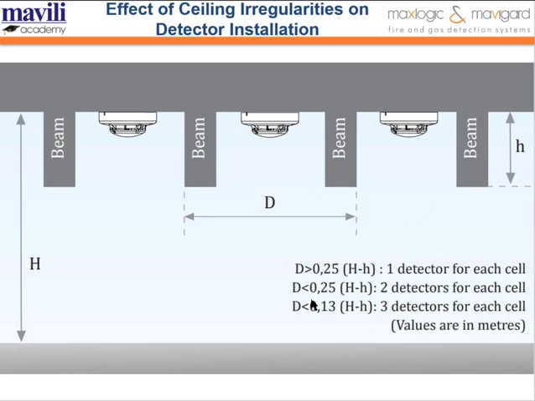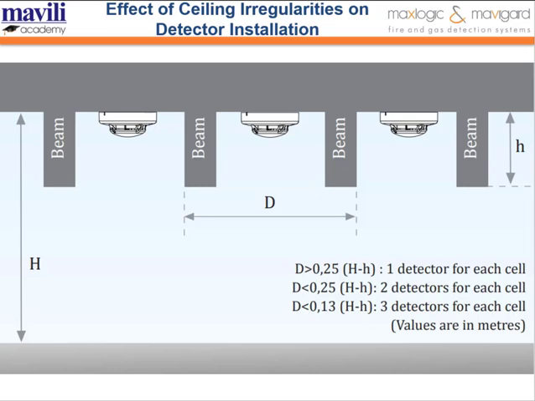If D is smaller than 25% of the difference, detectors can be installed at alternating cells. For instance, if D is 2.5 meters and 25% of the difference is 2.3 meters, then detectors should be placed in one cell and skipped in the next, continuing in this alternating pattern.